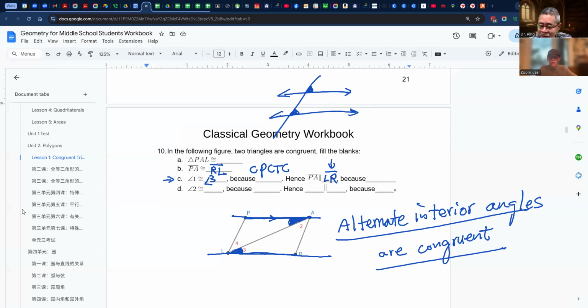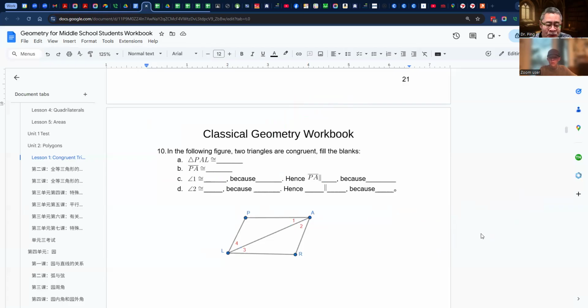All right. So let's do the second one. Angle 2 is congruent to angle what because of what, and therefore what is parallel to what and because of what. Okay.